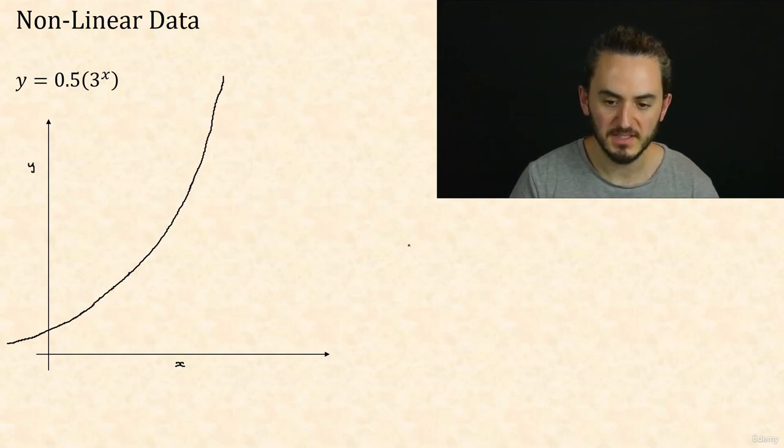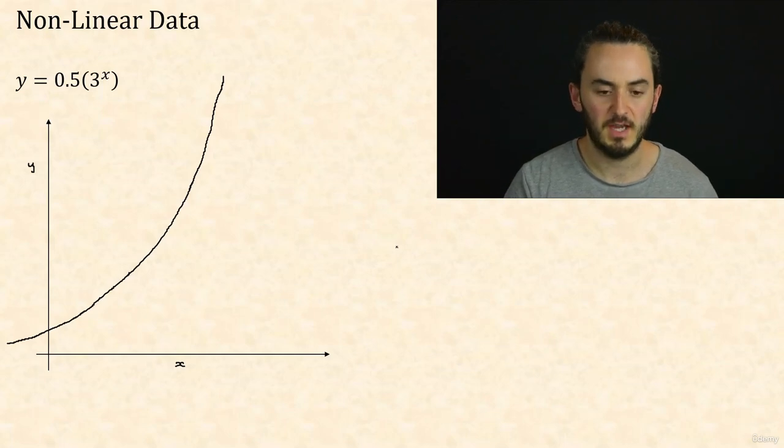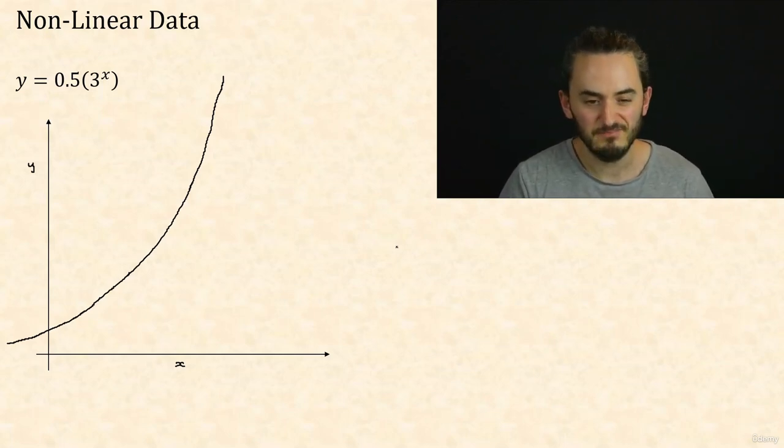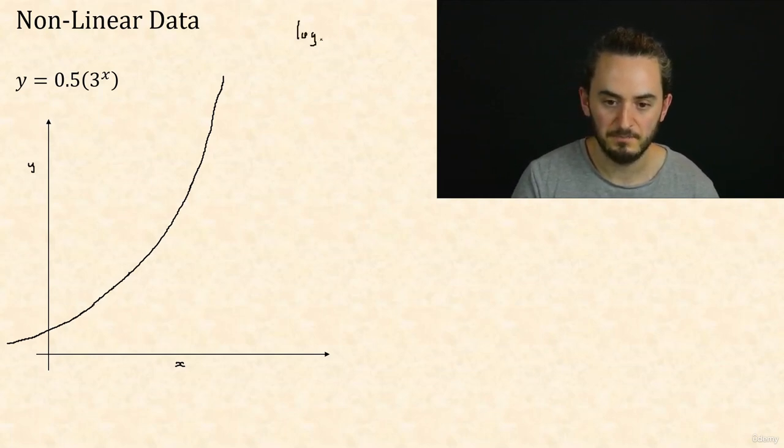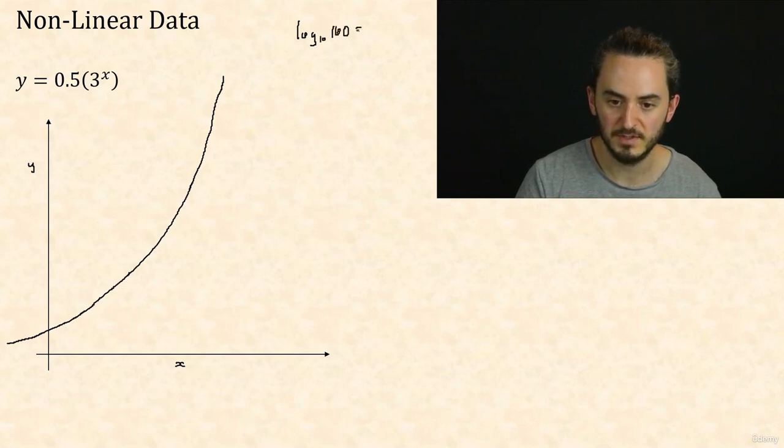Let me show you. If I take logs of both sides, and very often in this topic we use log base 10. Why log base 10? It's because it's a bit intuitive. So the reason why it's intuitive, if you think about it, log base 10 of 100, for example, is 2, and log base 10 of 1,000 is 3, and log base 10 of 10,000 is 4.